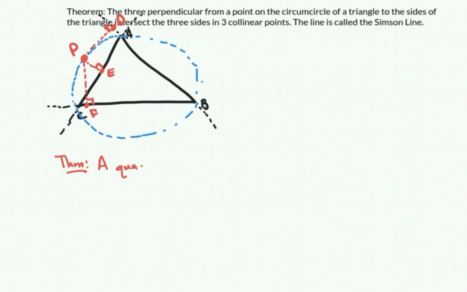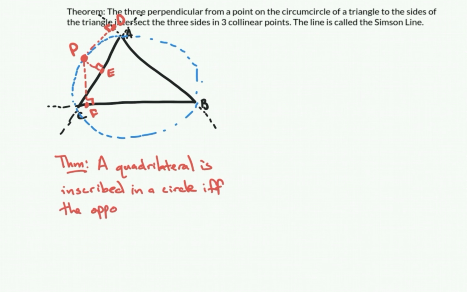A quadrilateral is inscribed in a circle if and only if the opposite angles are supplementary.